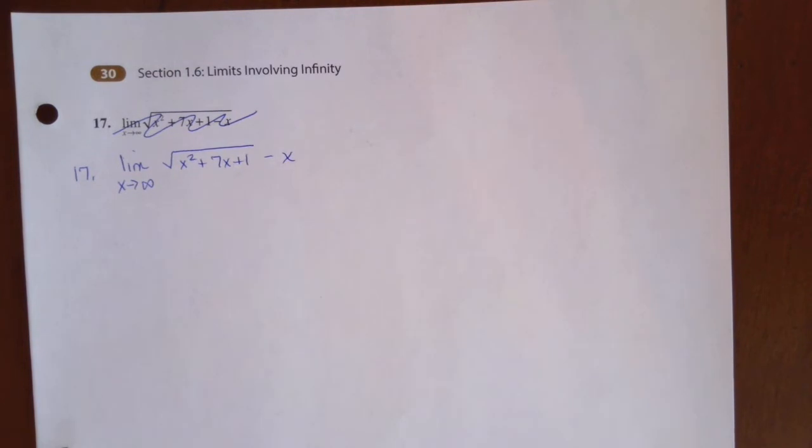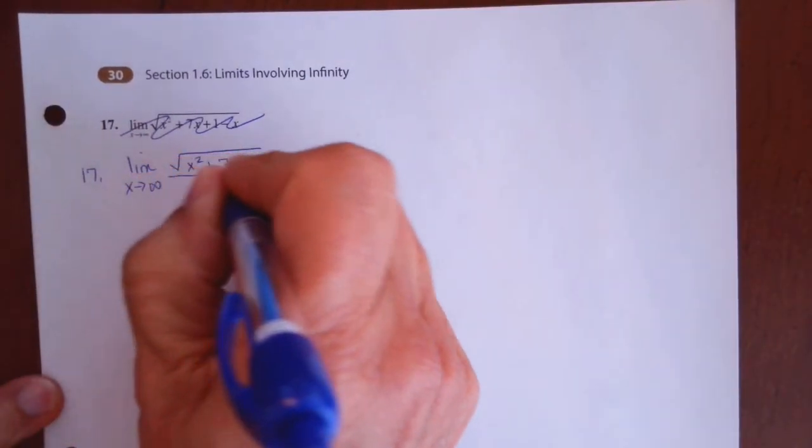Okay, so without a calculator, how do we solve this algebraically? Radicals are involved. One's a radical, one's not. So remember the little trick I told you earlier: when you have a radical, you always want to use the conjugate. Well, if you're using a conjugate, that means you have to write the problem as a fraction.